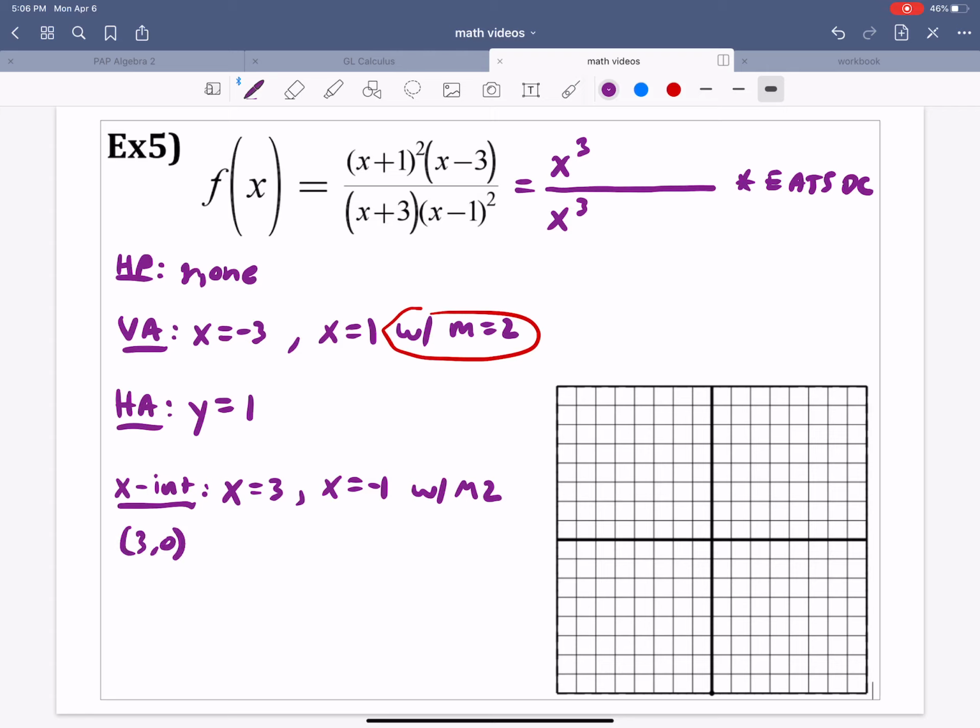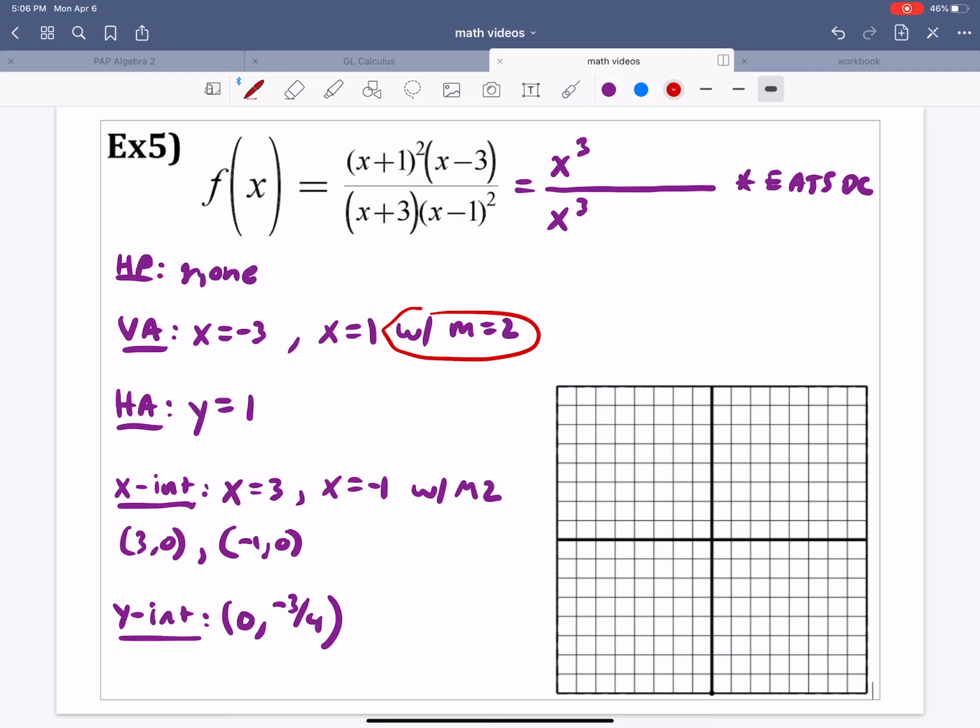That's (3, 0), and that's (-1, 0). And lastly, let's find our y-intercept. To find the y-intercept, you set each x equal to 0 and you solve. So I'll let you do that. You've got to plug and chug just a little bit on that. Plug 0 in, and you should end up getting negative 3/4.